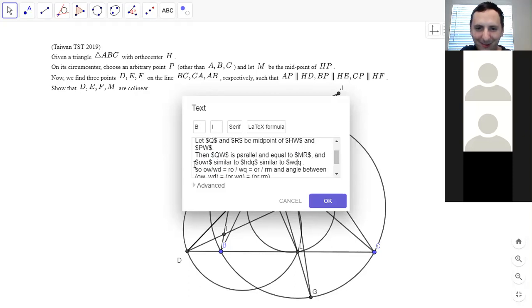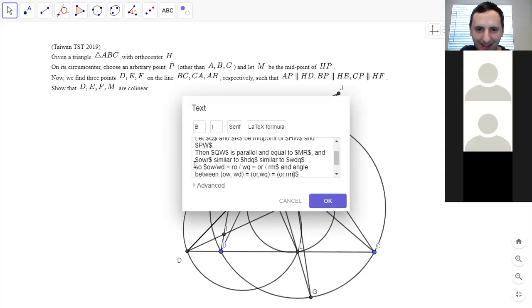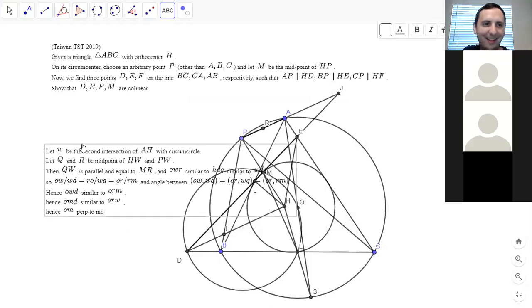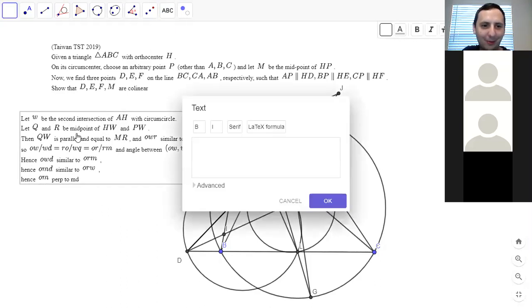I'll just leave it in lowercase for now. I like how you wrote it up. Let's see how this comes out. It's not bad. I thought it might be really messy, but it really wasn't that bad.